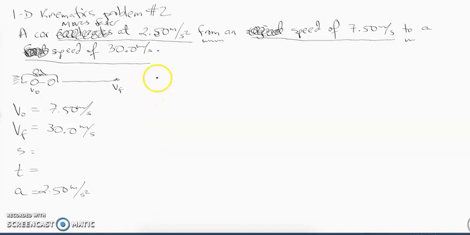So, for part A, we can say calculate how much time it takes the car to accelerate.